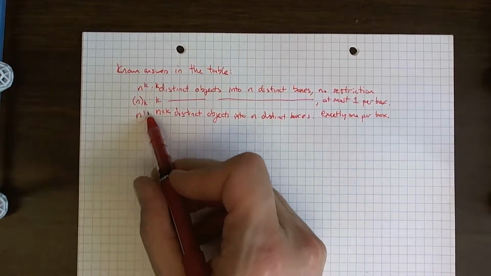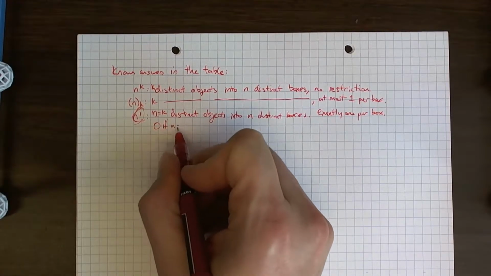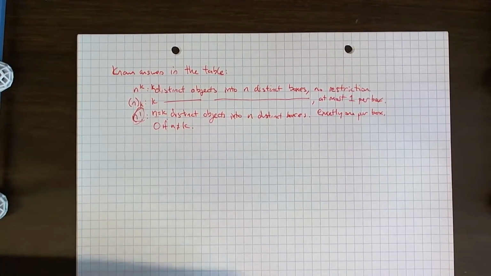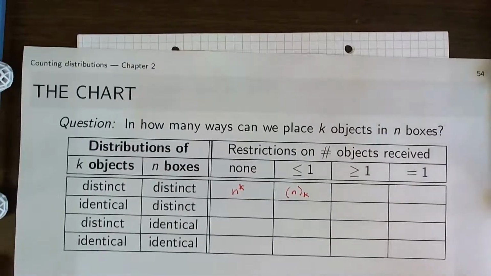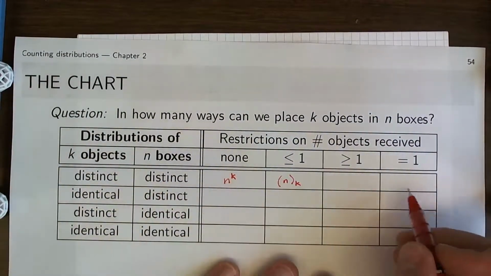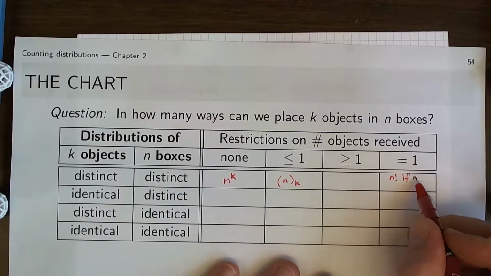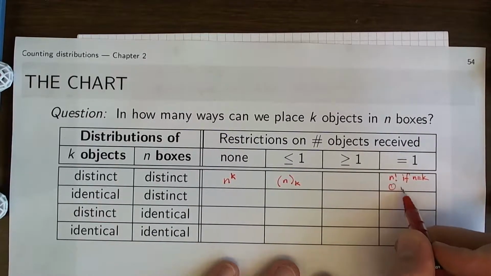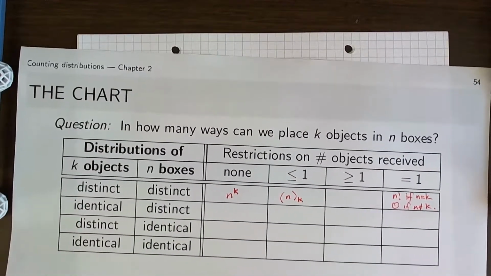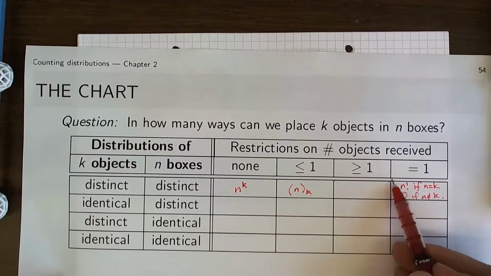So it's n factorial when n is equal to k, and 0 if n is not equal to k. And so in our chart, we fill in: when the k objects are distinct and n boxes are distinct, it's equal to n factorial if n is equal to k, and 0 if n is not equal to k. We're going to fill in this box later. It's not quite so simple.